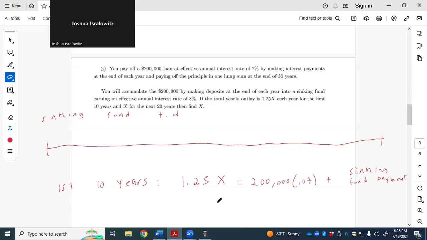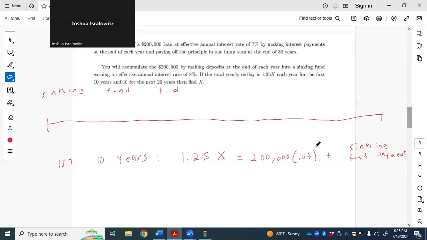All right, so what this means is if you subtract, your sinking fund payment for the first 10 years is 1.25x minus 14,000.